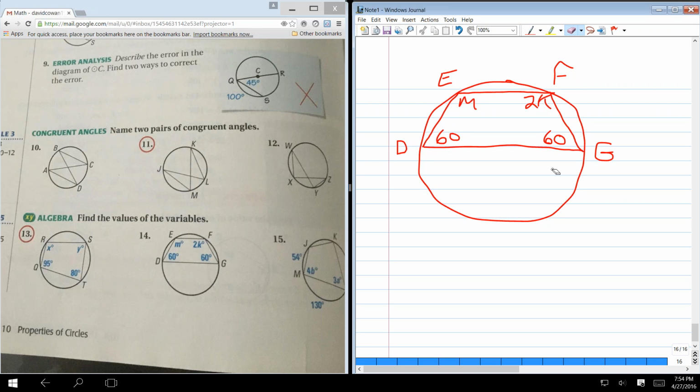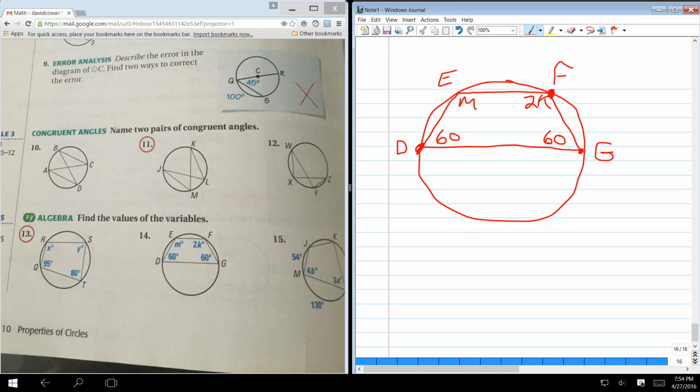GFE. No, go to the ends of the angle. G is not the ends of the rays. That's the vertex of that angle. So it'd be FE. We want that point and that point.